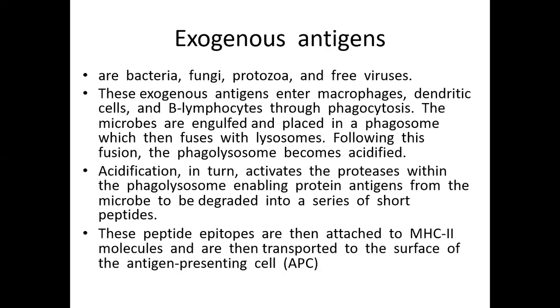These peptide epitopes are then attached to the MHC class II molecules and are then transported to the surface of the antigen-presenting cell, the APC. So any exogenous antigen must be presented by the antigen-presenting cell to induce an immune response, the adaptive immune response.